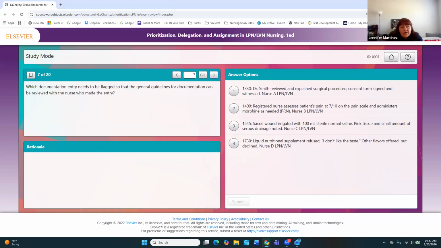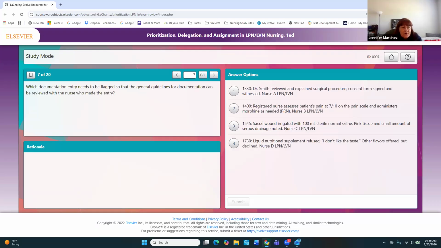Number one, 1330, Dr. Smith reviewed and explained surgical procedure, consent form, consent form signed and witnessed. Number two, at 1400, registered nurse assesses pain at a 7 out of 10 on the pain scale and administers morphine as needed.